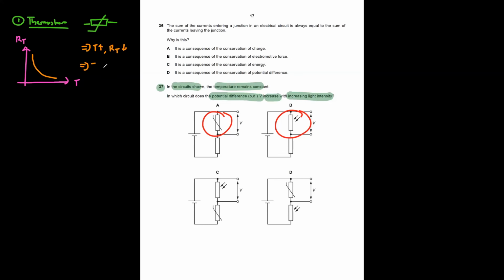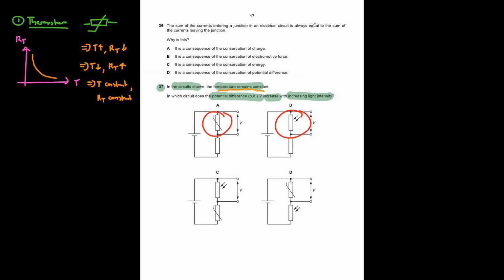When temperature decreases, resistance of thermistor increases. And if you have a case where temperature is constant, like what the question mentioned, the resistance of your thermistor should be constant too. They already mentioned here that the temperature remains constant. So the resistance of your thermistor in the circuits shown should be constant.